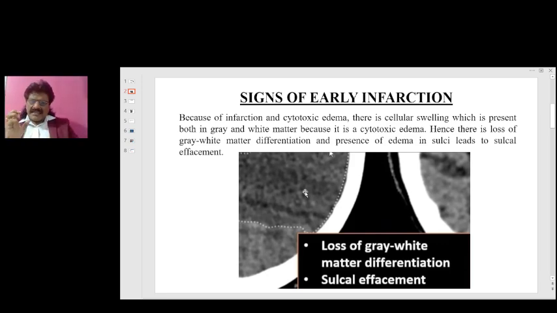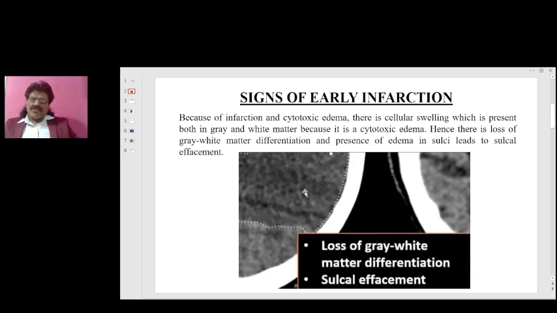But when there is cytotoxic edema, because of the swelling, the Hounsfield unit changes and therefore there will be loss of gray-white matter differentiation.